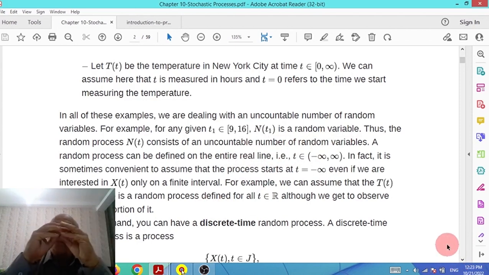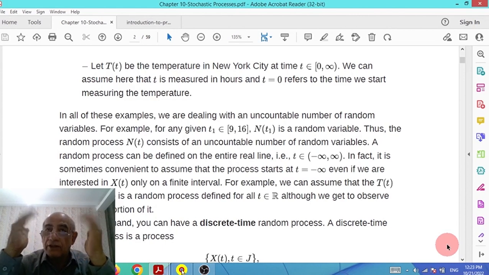So, time can be continuous, time can be discrete, that time is the index. The value that X or omega takes may be continuous or discrete.